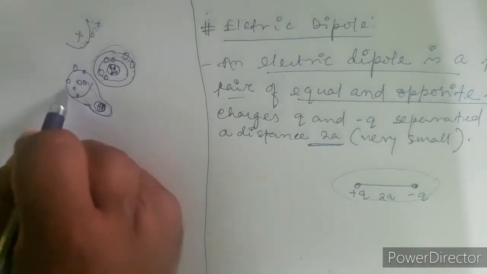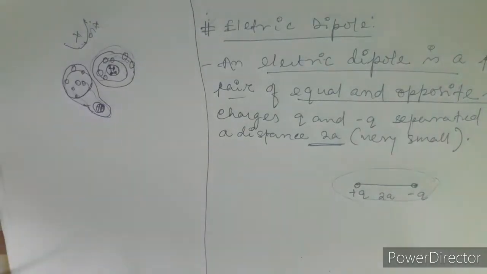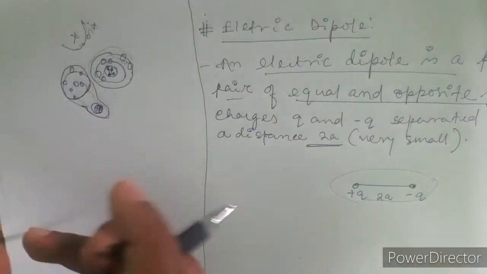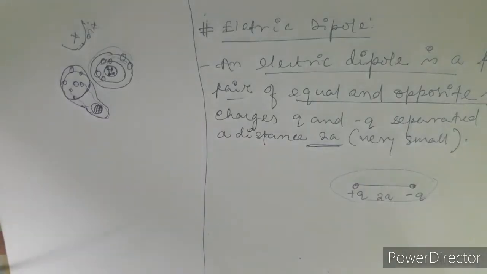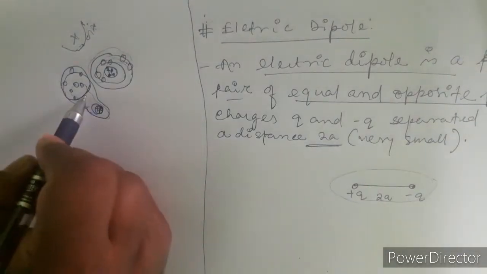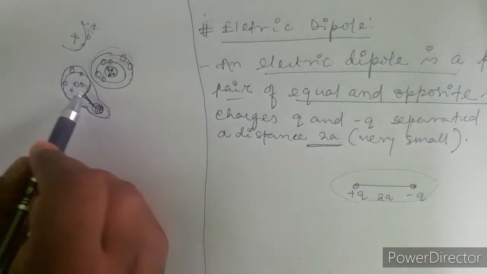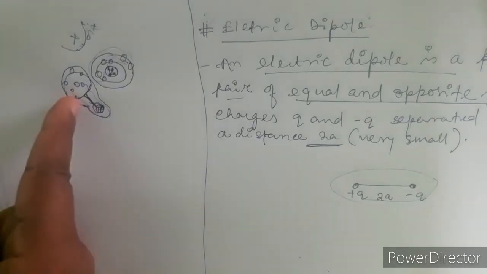All the electrons will be at one place and the protons at another place, which means they will be separated, with some distance between them. This situation creates a dipole.